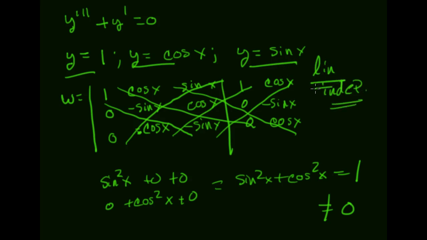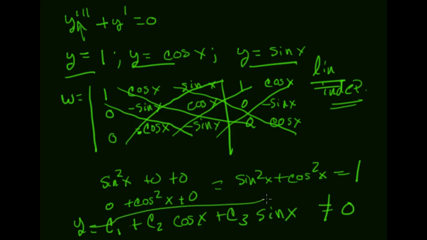If they are linearly independent, and I have all 3 of them, because this is third order, I now have the general solution, which is C1 plus C2 cosine x plus C3 sine x, a general solution to this third order linear homogeneous differential equation.